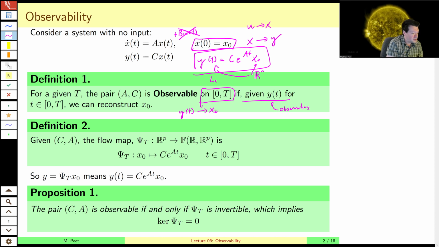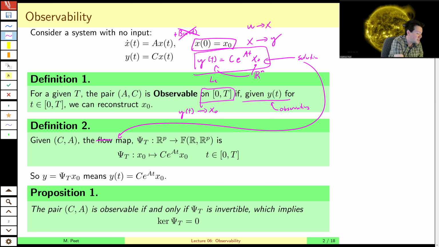So armed with that definition, we can move to our next definition, which is that map, the solution that we talked about. We actually call this the flow map. Sometimes we refer to this as the solution map, but the solution map is not usually defined in this way, because that would be a map from initial condition to state.